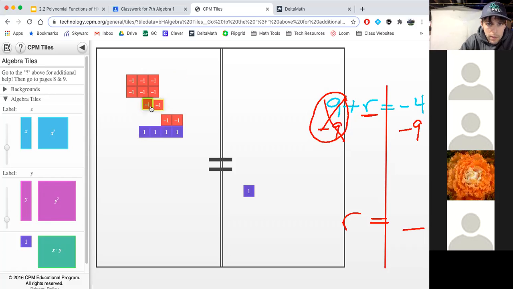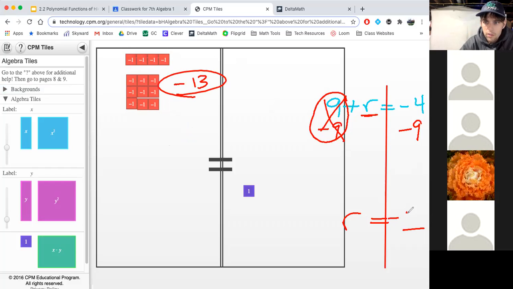That's -9 and -4, so 1, 2, 3, 4. So -4 and -9 would go together to be -14. I'm thinking 13, right? This is 9, 10, 11, 12, 13. Oh, okay. Well, the -13 right there. So that would be the solution for that one, -13.